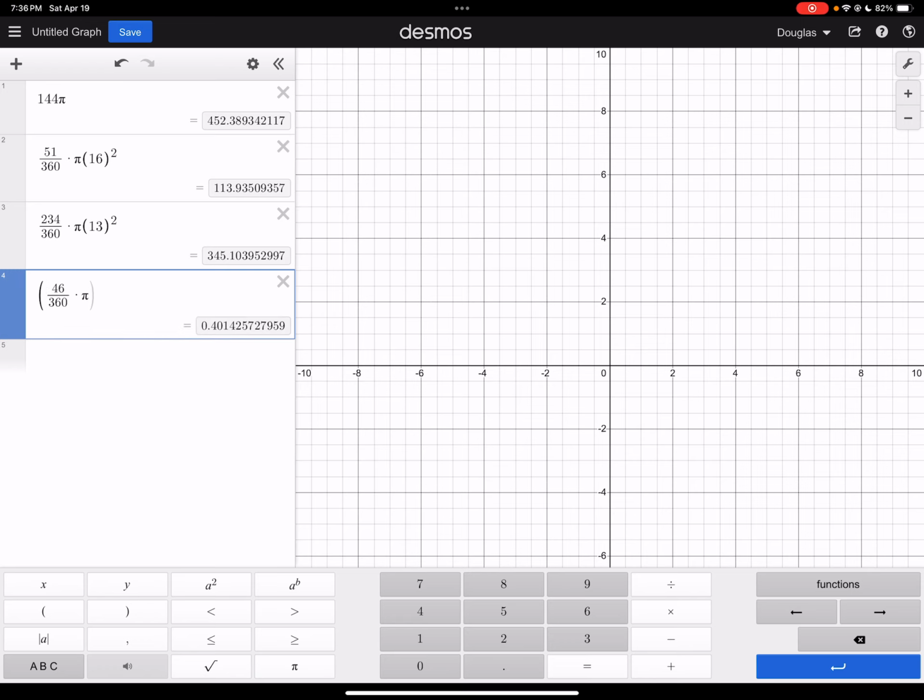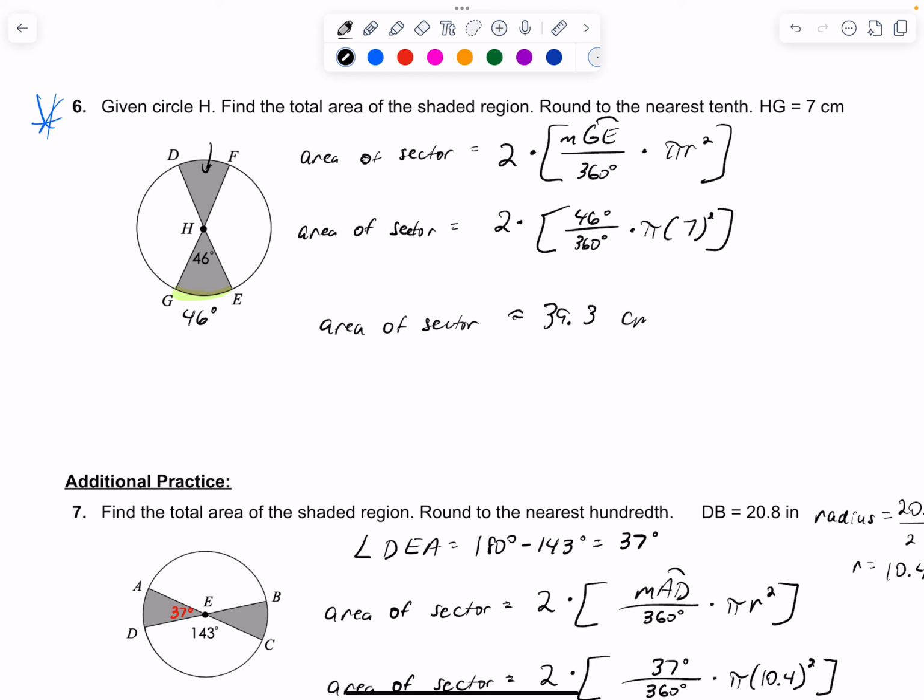And then I'm going to put that times 2 at the very front. So I'm going to close this, and then I'm going to scroll all the way to the front and put times 2. So I get 39.34. Oh, it's the tenth. Try again. 39.3. All right, so the approximation is 39.3 square centimeters, right?